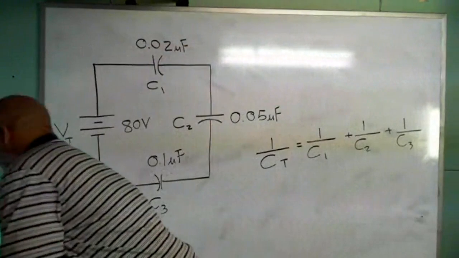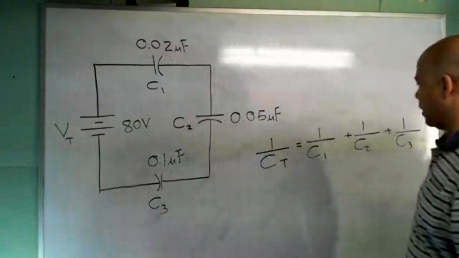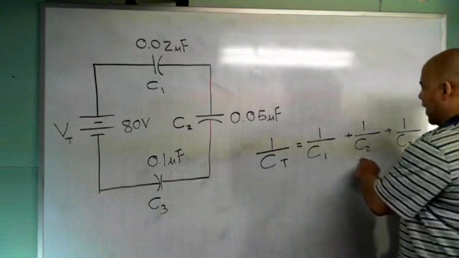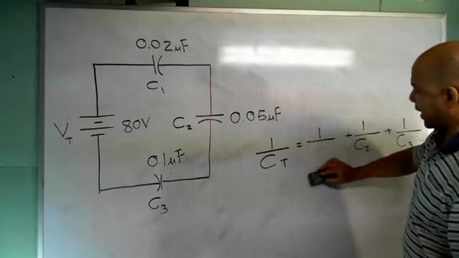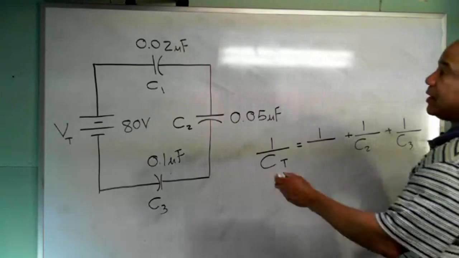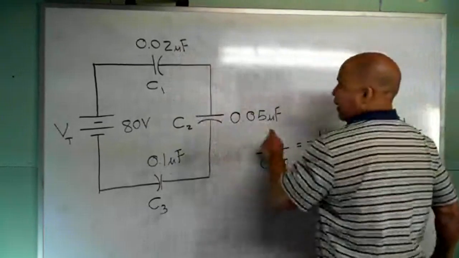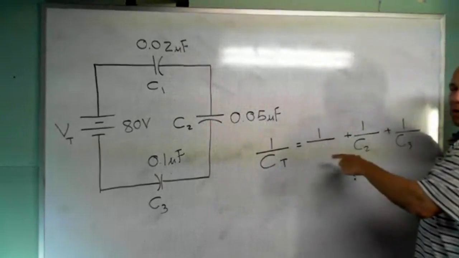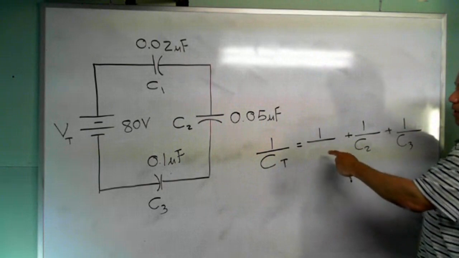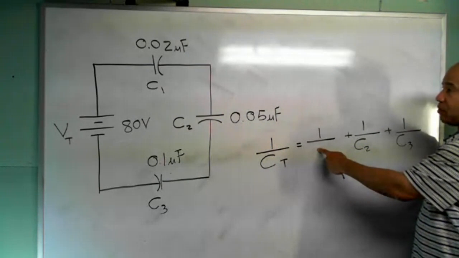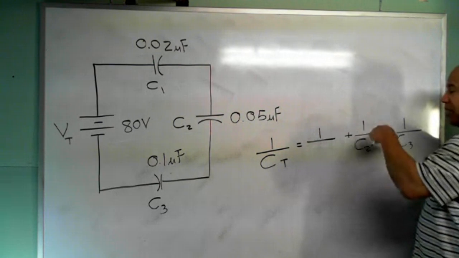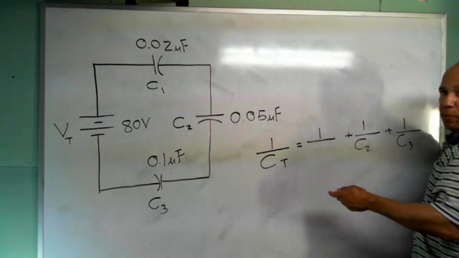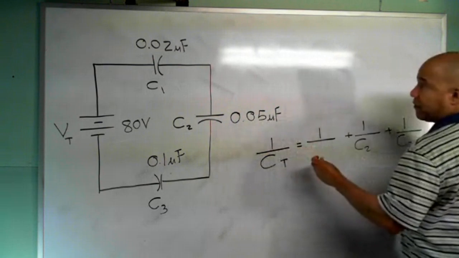They give me these values. I'm just going to put these in, and we've got to solve that for CT. These are all in microfarads. To keep this board clean, I'm not going to write the microfarads, just the numbers. Whatever I end up with, that answer will be in microfarads because these are all in microfarads.